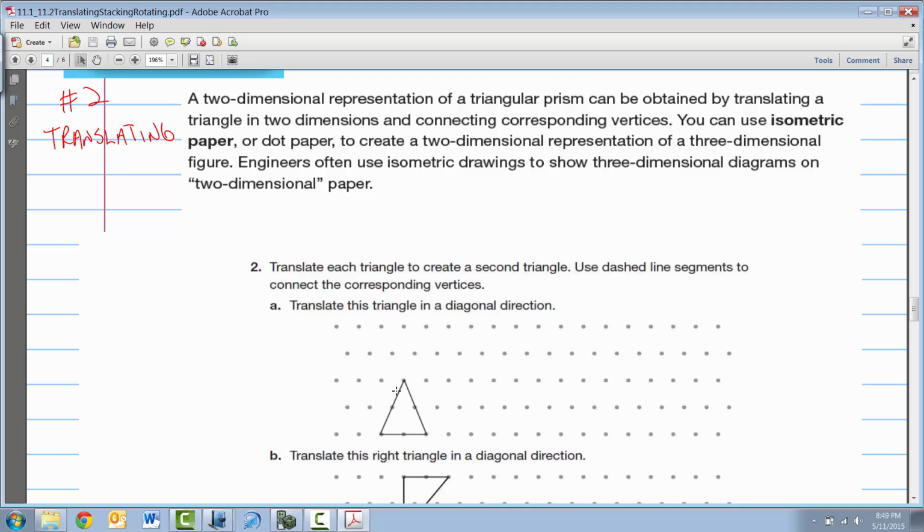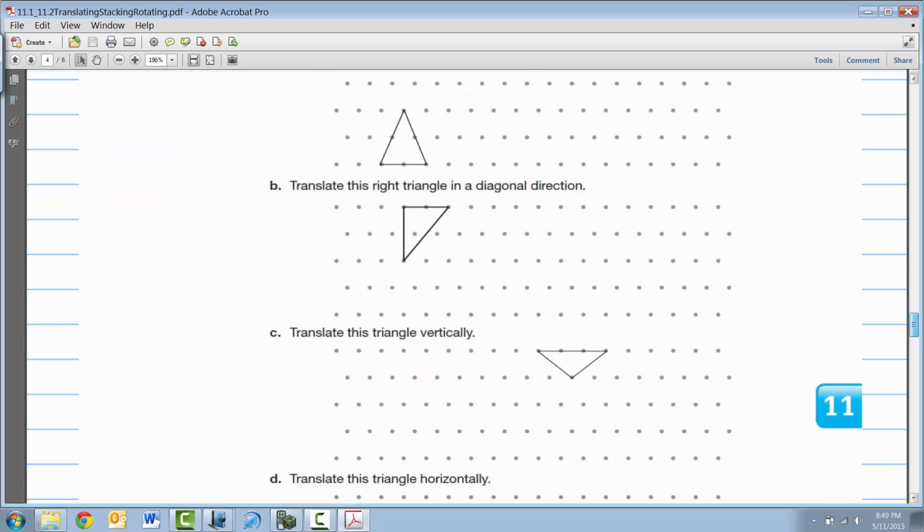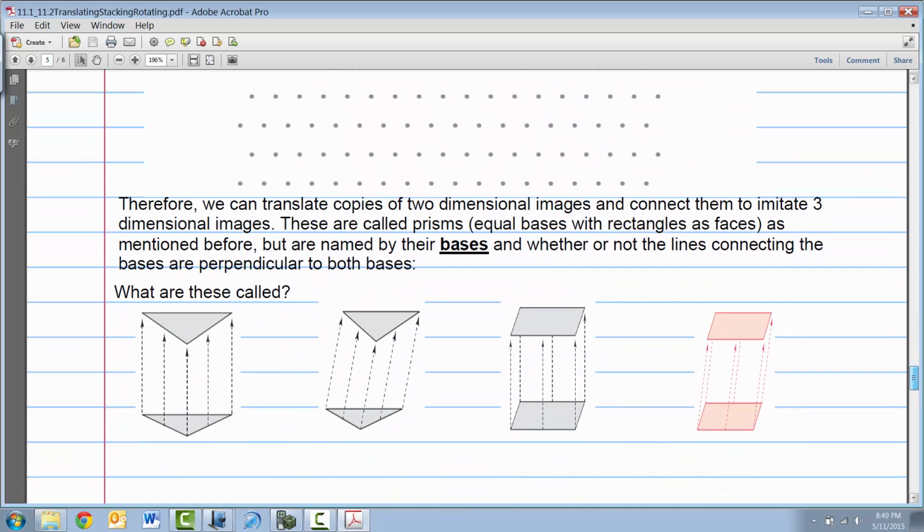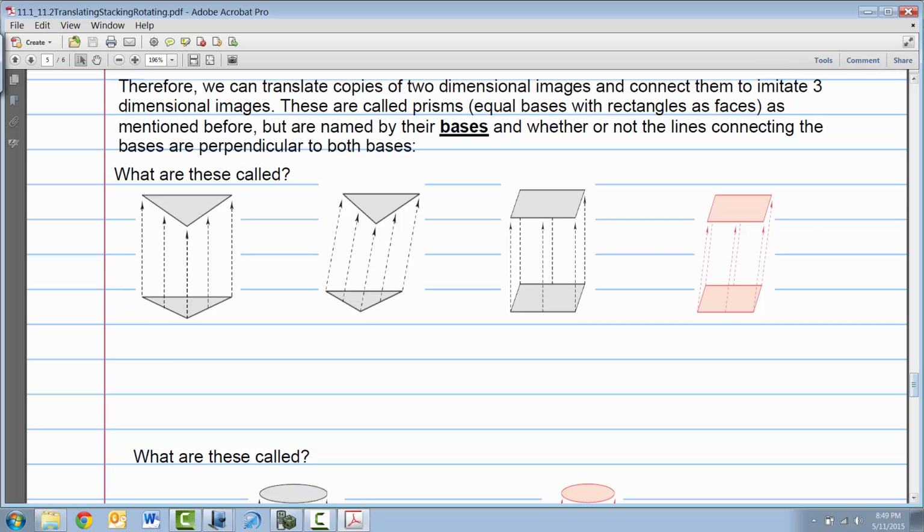So the triangles are the bases, and you end up creating a 3-dimensional figure, which I called a triangular prism. So you can translate. And the last thing you can do is another way of translating. We translate 3-dimensionally.